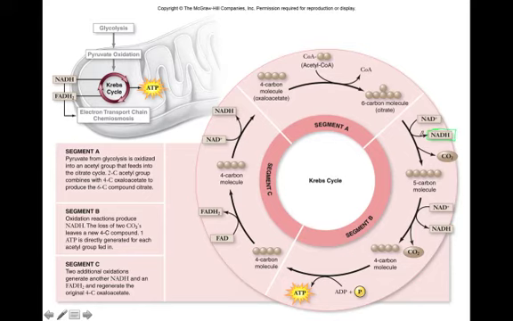In fact, we have 2 of them, because for each acetyl-CoA there's 1, and there are 2 acetyl-CoAs for each glucose. Same thing here. We have another 2 NADHs per glucose. And then over here on the regeneration side, we have another NADH, which means there's 2 for each glucose.